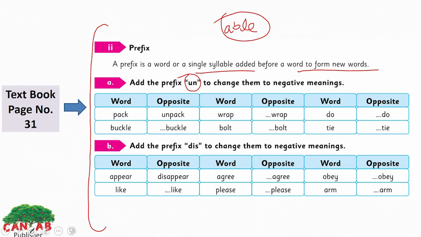A prefix is a single syllable added before a word to form a new word. You have to add before the root word here. Add the prefix un to change them to negative meanings. For example, we have a word here, pack, but if we add un here, it becomes unpack, exactly the opposite one.